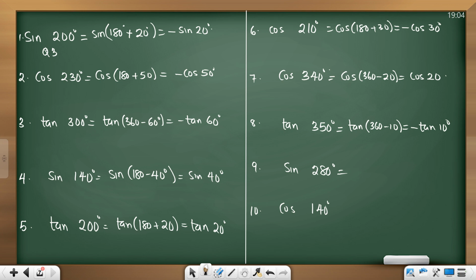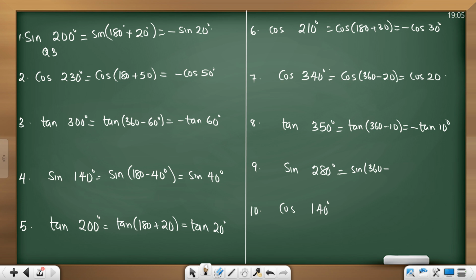280 is in the third quadrant. No, fourth quadrant. So it is sine of 360 minus what? Is that 80? What is 360 minus 280?